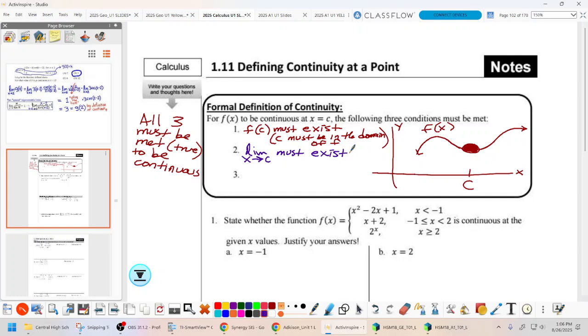Okay. So these two are true, but what keeps it from being this case? How do we describe changing that's not a jump?